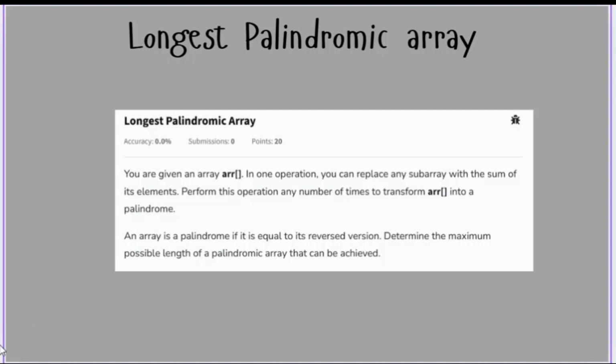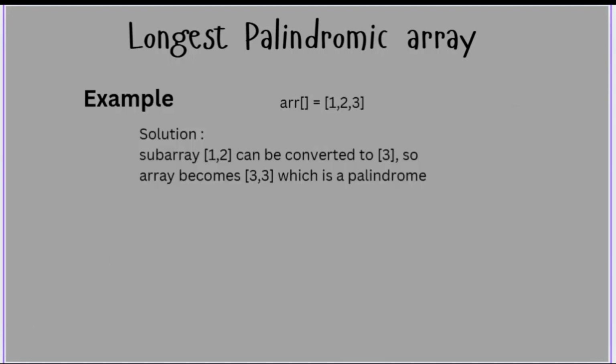Okay, let's see the example. Example 1, 2, 3 is given here. According to the solution, this subarray 1, 2 can be added and converted to 3. Now 3, 3 becomes a palindrome. For the solution, we can use a 2-pointer approach. Let's see how.